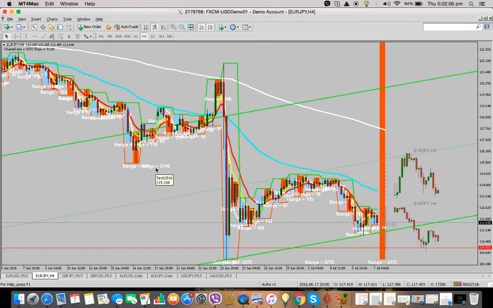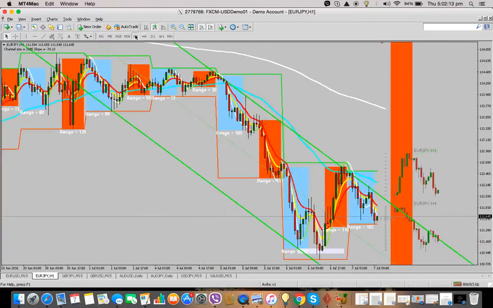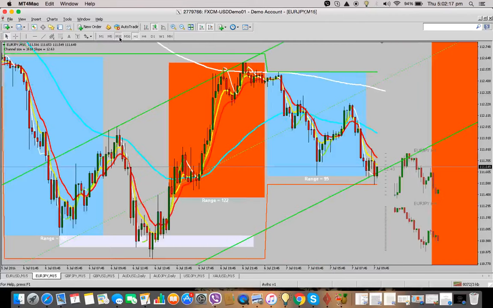The next step, depending on what time frame you're trading, is to work your way down. Go to the hourly chart, have a look to see what the market's been doing there, and then jump onto, say, your 15-minute charts. Okay, this is where I normally trade.